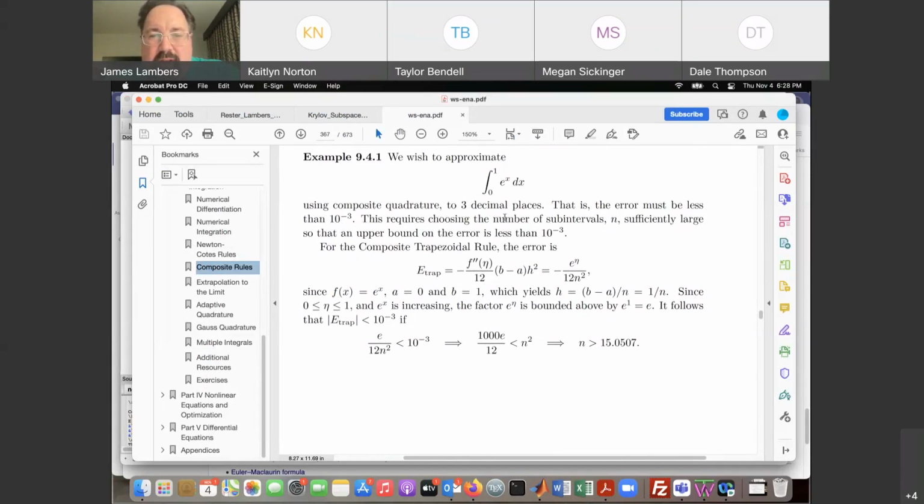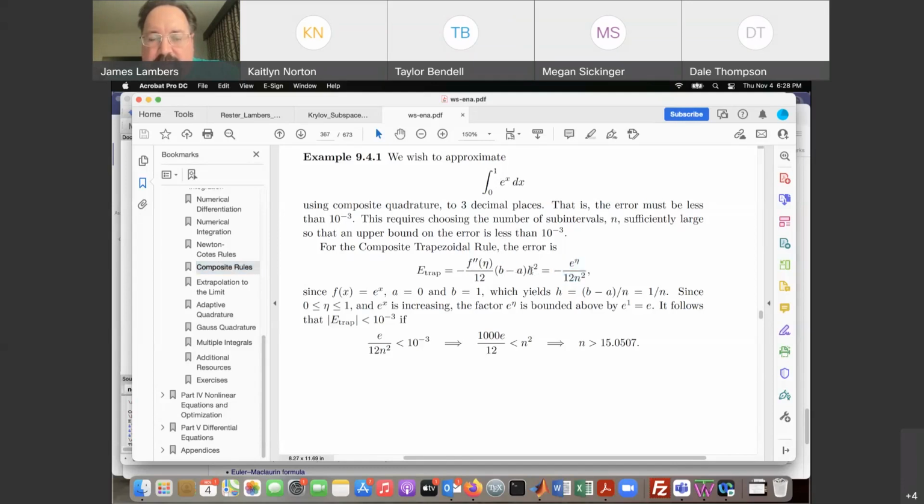So what we could do is take this error formula and require that in absolute value, it must be less than 10 to the minus 3. Now, in the case of the exponential, you fill in the second derivative, and then fill in a and b. So then the error formula in this case becomes this.